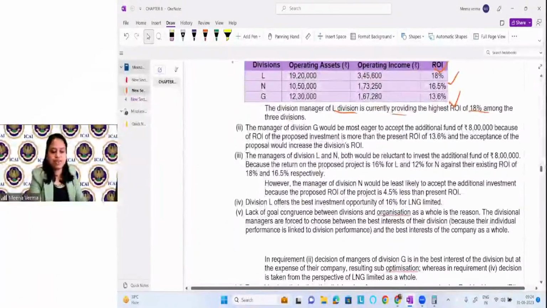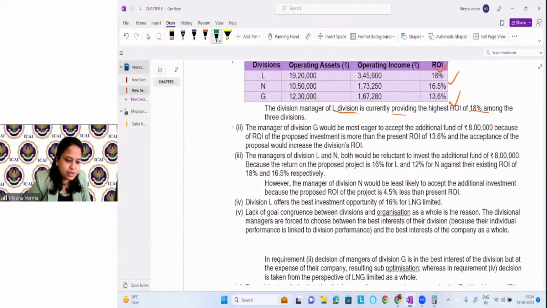Obviously, the place where the return is high. So the manager of division G would be the most eager to accept the additional fund of 8 lakh because the ROI of the proposed investment is more than the ROI of the division, and acceptance of the proposal would increase the division ROI.